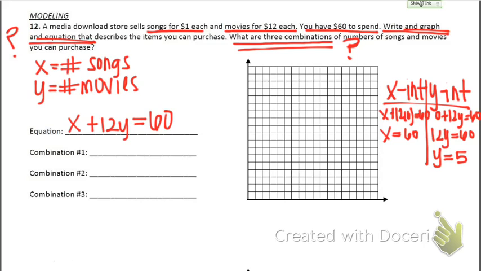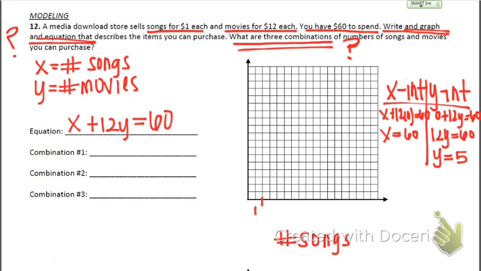Here's the thing about these graphs. We need to label the axis. We need to label our scale because for sure I'm not going to be able to do by ones on this one. My x-axis is the number of songs. Now, I already did this problem. So I did each line is 5, but I'm only going to label the 10s.